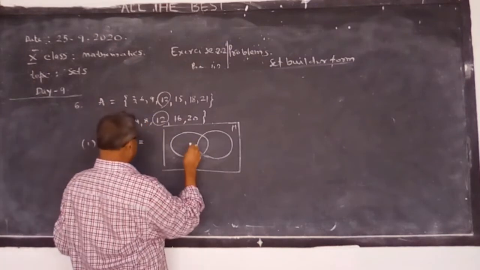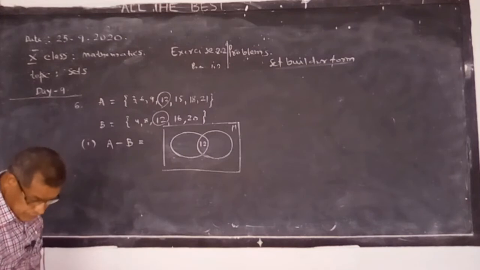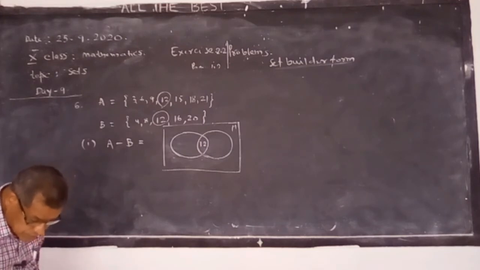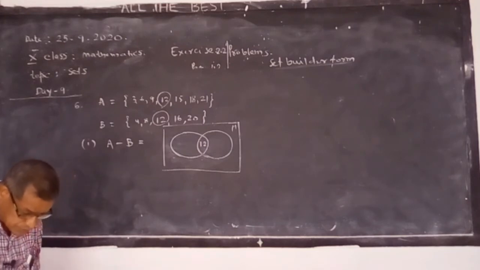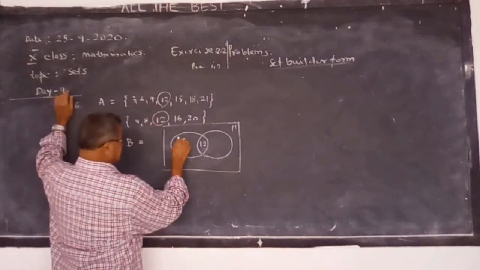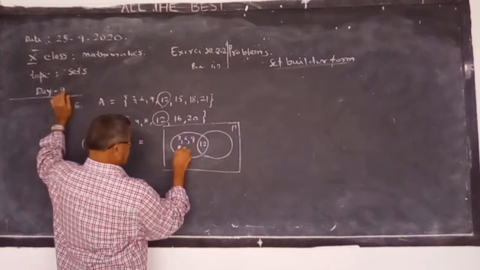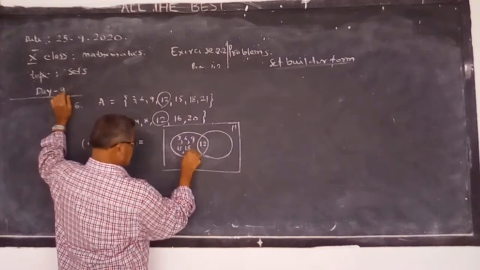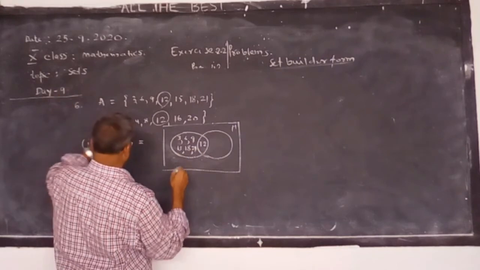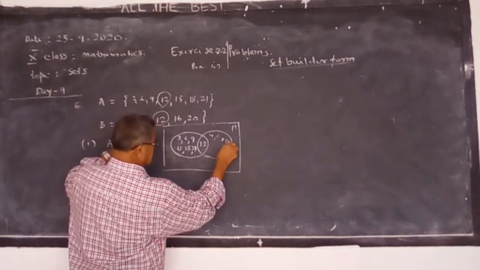So you write here 12. Set A: write the remaining elements 3, 6, 9, 15, 18, 21. And set B: 4, 8, 16, 20.